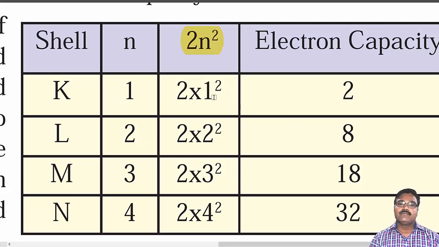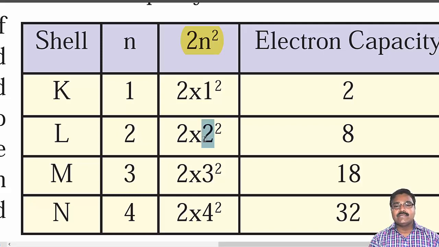For example, if we consider shell K, we will see 2 into 1 square, where 1 means the value of n. 1 square is 1, and 2 into 1 is 2. Similarly, if the L shell is considered, we will see 2 into 2 square.